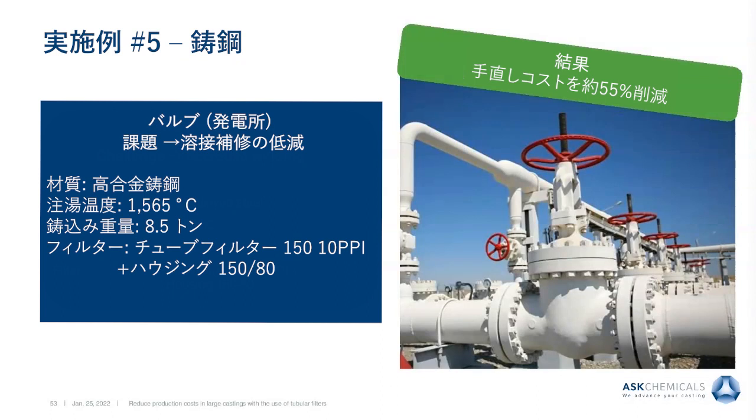To reduce it, we recommended using tube filters and housings. After proper installation, which had been simulated beforehand with the 3D data from the customer, as they normally use simulation for their castings, the foundry experienced no significant increase in the pouring time, as was previously requested.